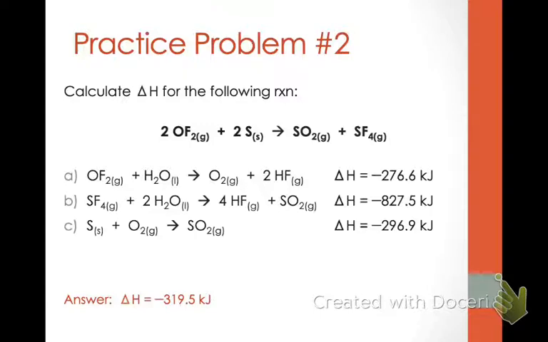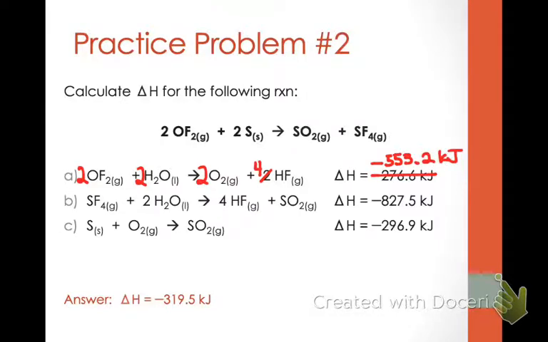So I'm going to multiply through a 2 all the way, and then that's going to become a 4. And then I need to multiply the delta H by 2, so that becomes negative 553.2 kilojoules.